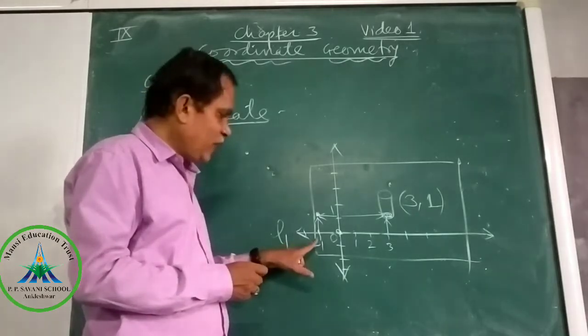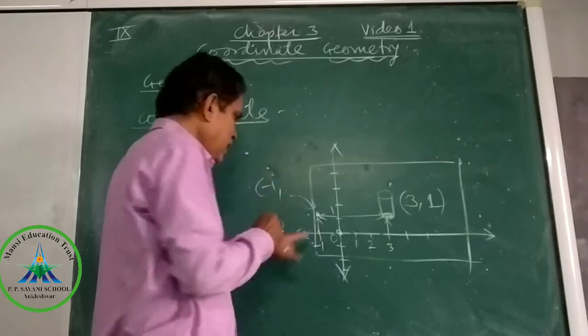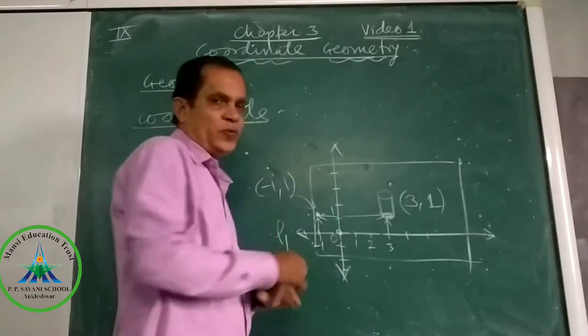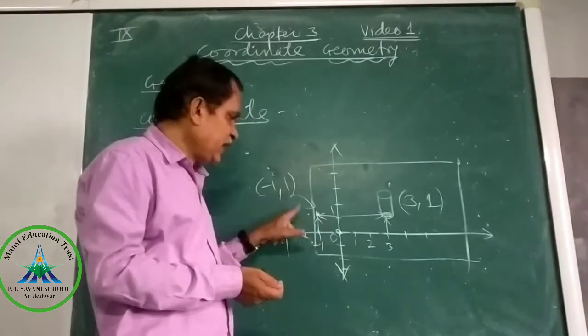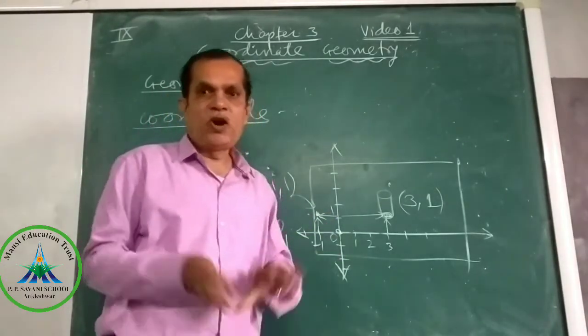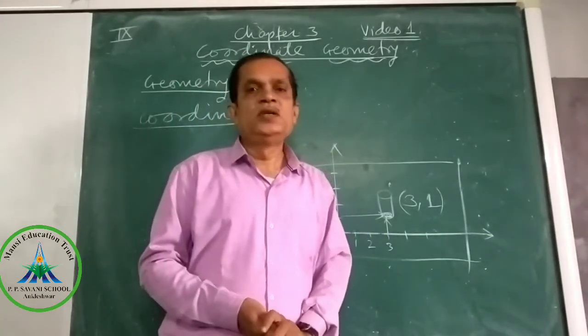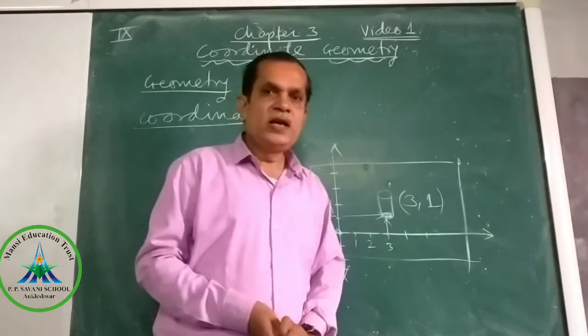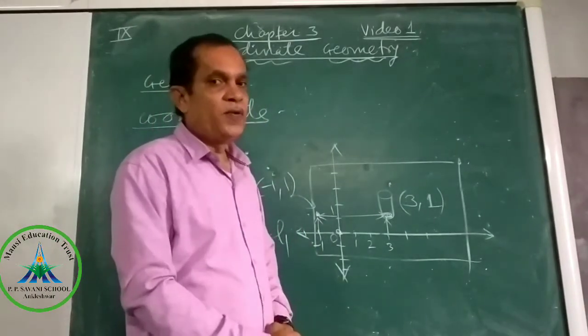Got it? The value of x is negative, -1 for this point, and the value of y is positive. So these numbers which indicate the position of an object on a plane surface are called coordinates. Okay? And now we have discussed two coordinates, the x coordinate and the y coordinate.